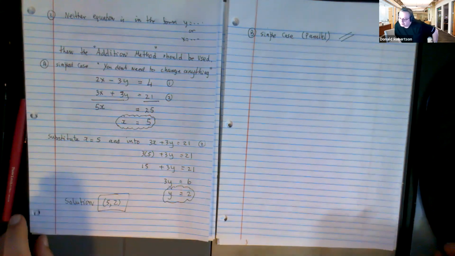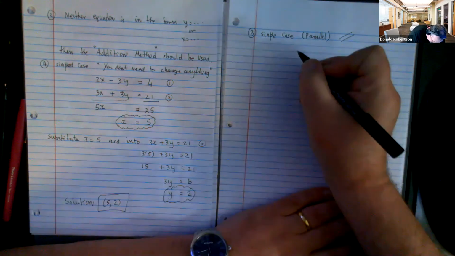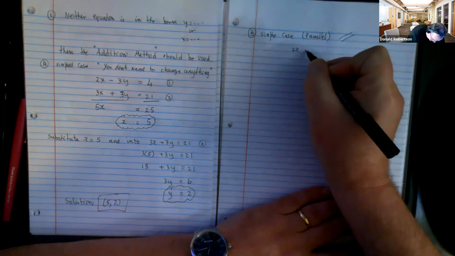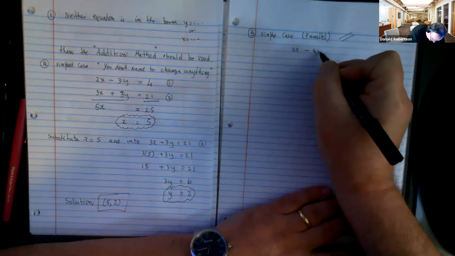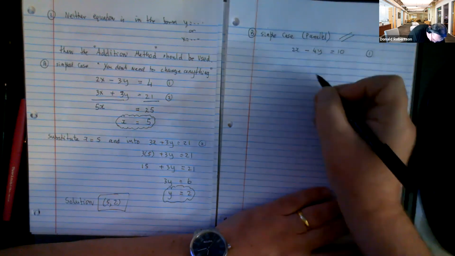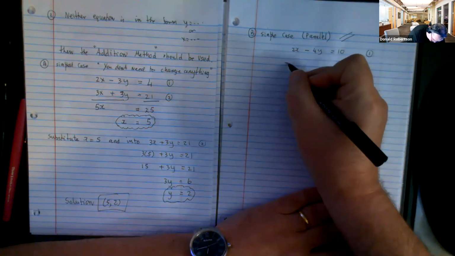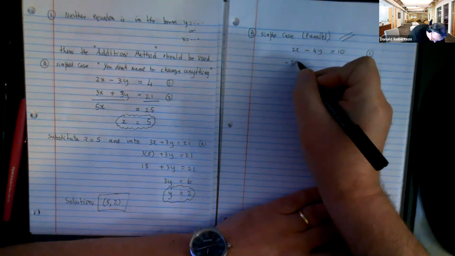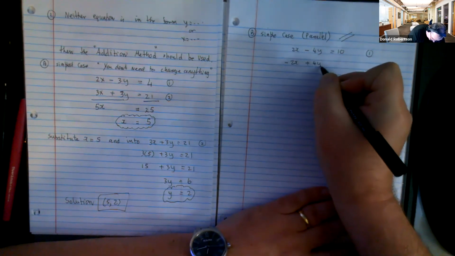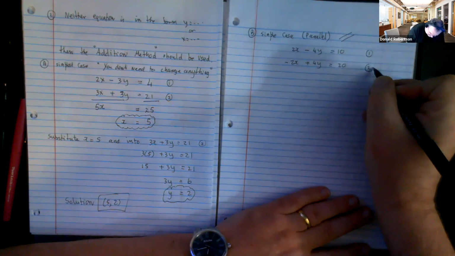But that shouldn't be too much of a problem, you would think. 2x, take away 4y equals 10. That can be equation 1. Negative 2x, add 4y equals 20. That's equation 2.